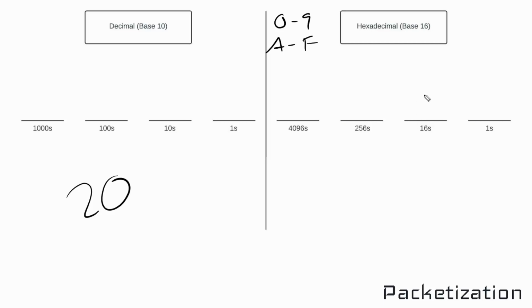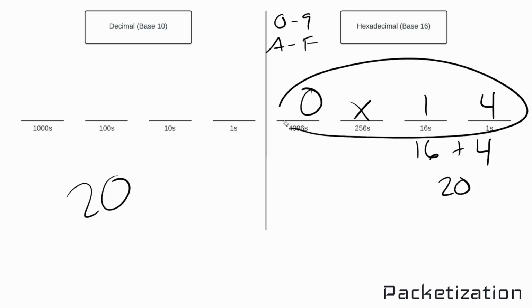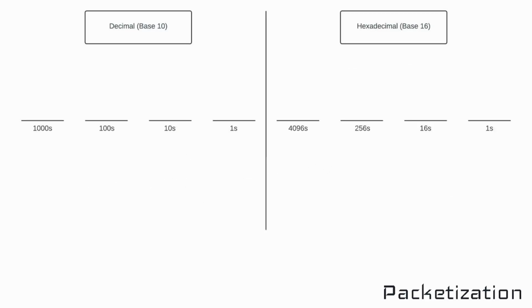However, if we put a 1 here, that would be 16 itself because it's 1 times 16. And then if we put a 4 in the ones position, that would be 4 times 1, which is 4. And then 16 plus 4 is 20. So the hexadecimal equivalent of 0x14 is the decimal value of 20.